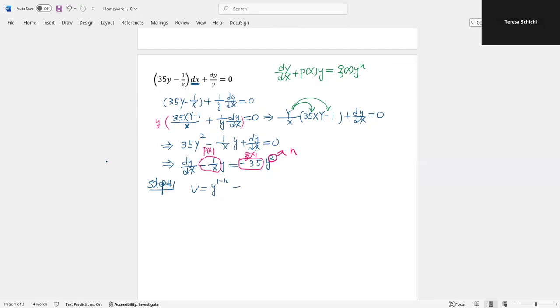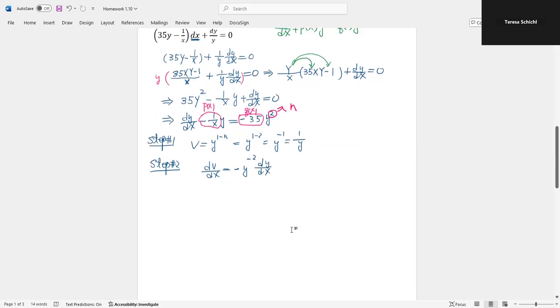Because n is 2, it's y to the 1 minus 2, which is y to the negative 1, so it's 1 over y. Then the second step, like always, I need to take the derivative, right? So dv dx, the derivative of y to the negative 1, is negative y to the negative 2 dy dx.